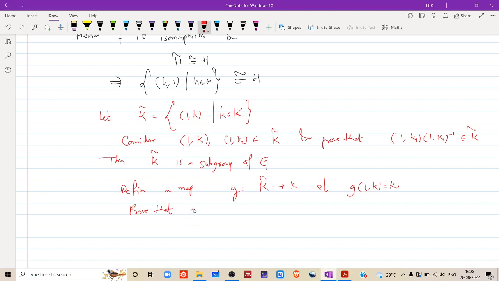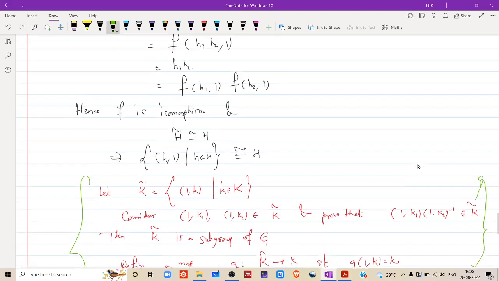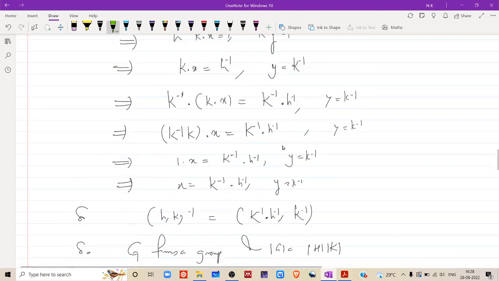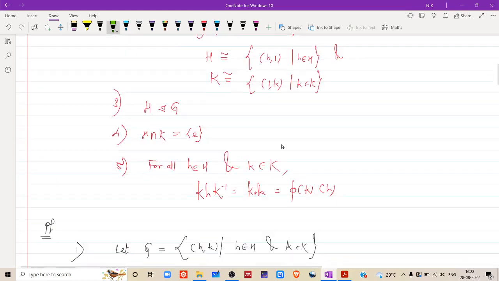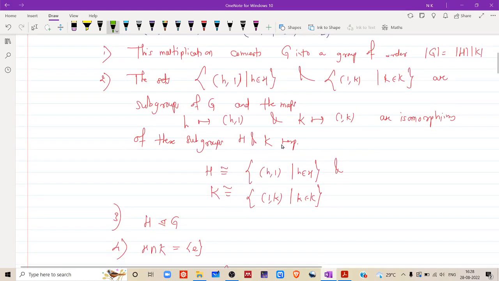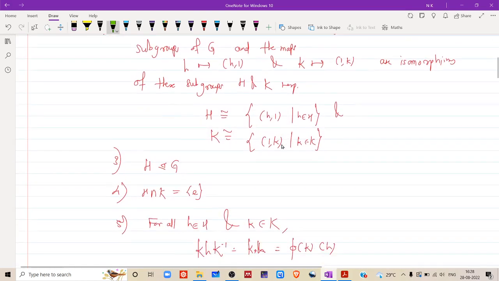So prove that g is an isomorphism. This will be an exercise. You can handle it easily, right? So this proves the second part of the theorem, that h tilde and k tilde are subgroups of G, and h tilde is isomorphic to H and k tilde is isomorphic to K.